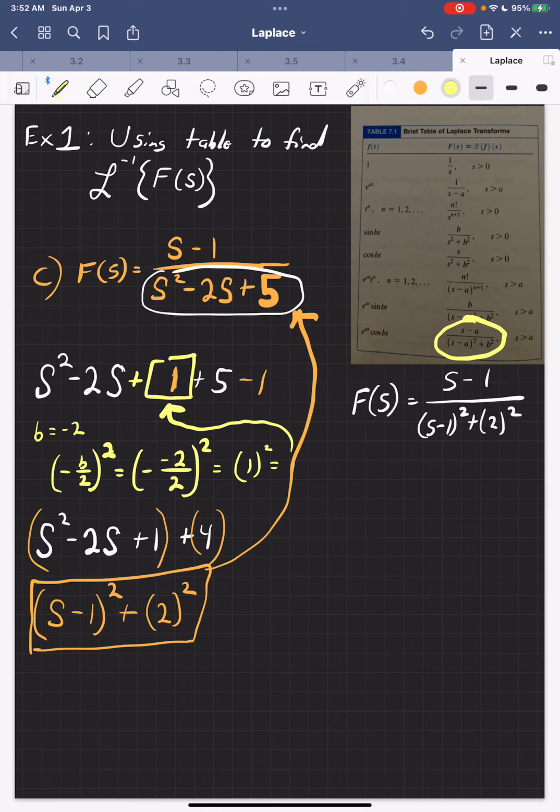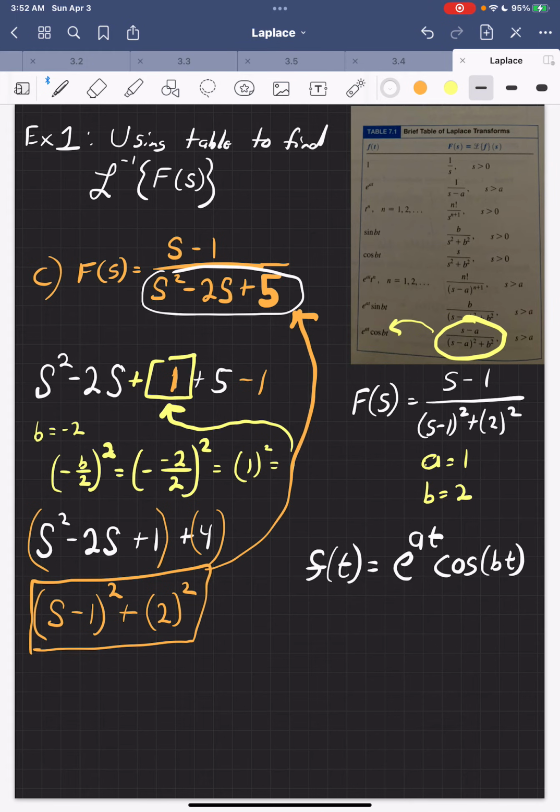So I think you're with me that based on the form above, our A would be 1 and our B would be equal to 2. Now that's perfect, because now we can jump right to our answer. f of t is equal to e to the a t cosine of bt.